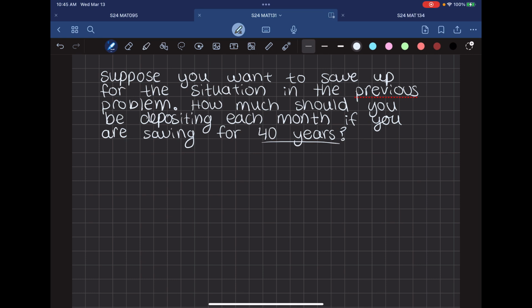So we know that we want to save up this guy. We don't know what our monthly deposits are going to be, so we put D. And then we fill in our savings annuities formula.